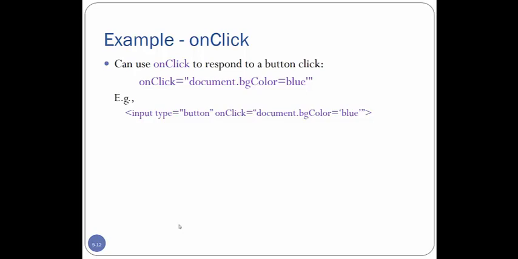So if we have something on the form which is a button, input, that element, and then type equals button, we can use the onClick attribute, or more appropriately, the onClick event handler, to do something when the user clicks the button. In this case, if the user clicks the button, the background color of the document is going to go blue. Here we're using JavaScript to make that happen. We're grabbing the document object, and there is what we call a BG color attribute that we set to blue.